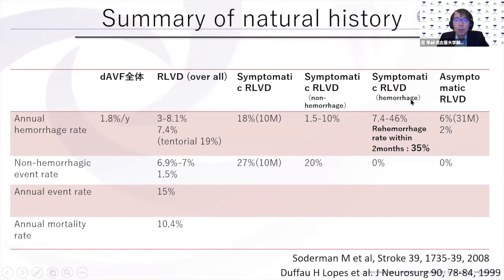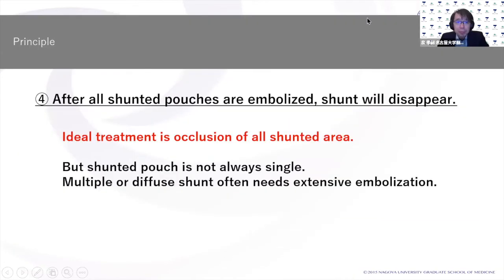But in cases with hemorrhage, early treatment is needed because the hemorrhage rate within 2 months is 35%. It is very high. Ideal treatment is occlusion of all shunted areas, but the shunted pouch is not always single. Multiple or diffuse shunts often need extensive embolization.